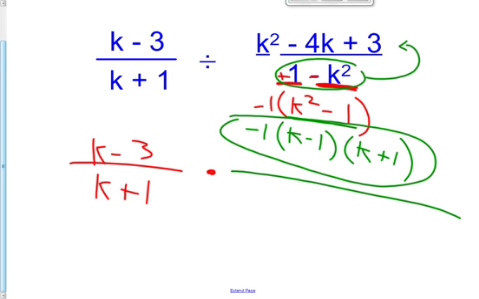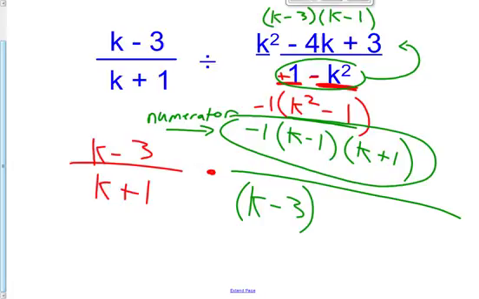So right here, I have my numerator. And in the denominator, I have a trinomial. Let's factor this trinomial, k minus 3 times k minus 1. And now that's going to go in the denominator. K minus 3 times k minus 1.